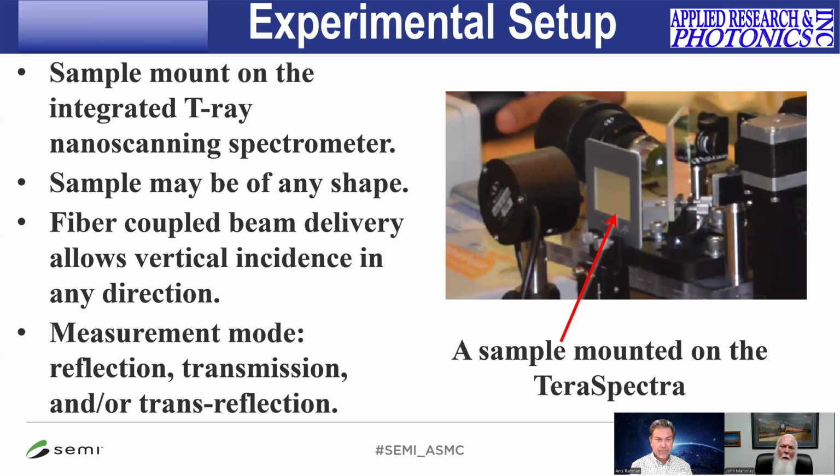So all three modes can be deployed, or one or the other. And samples can be solid, liquid, or gaseous as well. Right. The sample that's mounted could very well be a cuvette holding a liquid sample, a colloidal sample. Absolutely.